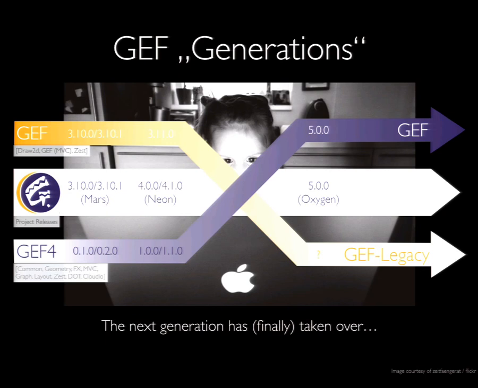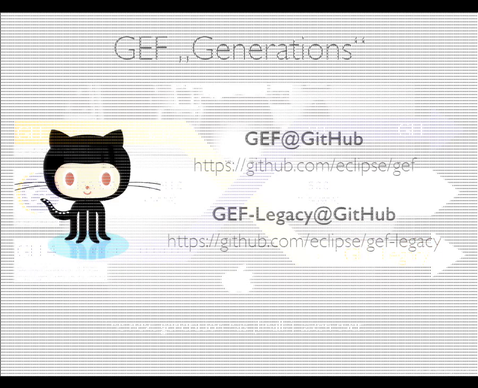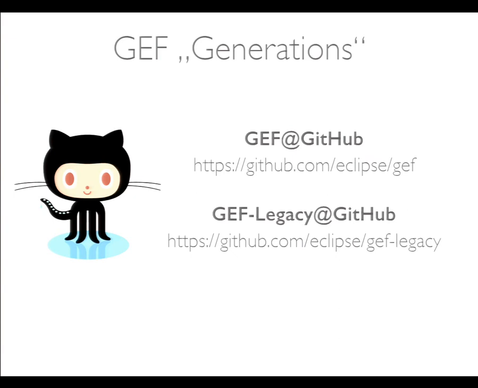And at the same time, we will put the old GEF code base and refer to it as GEF Legacy from now on to depict that something new is around and people should rather look at the new one than the old. We also emphasized this by having moved our code base to GitHub, and we have two separate repos there.